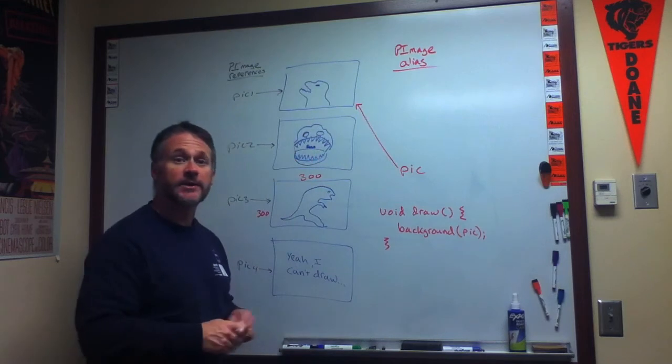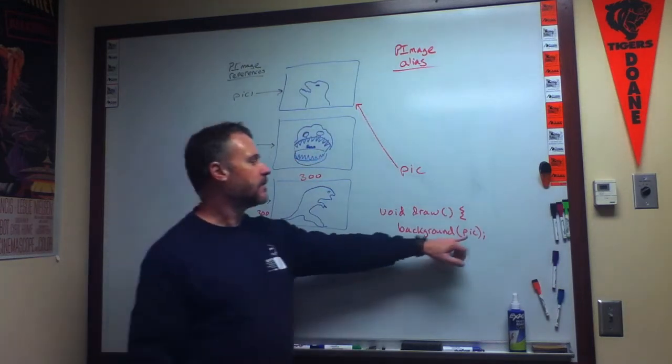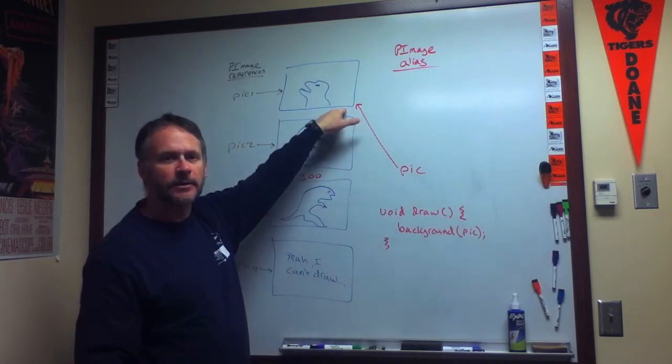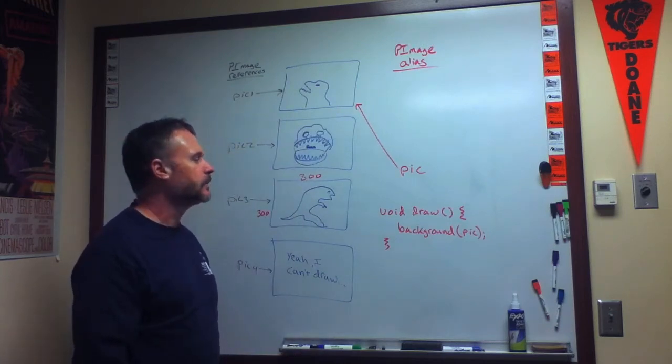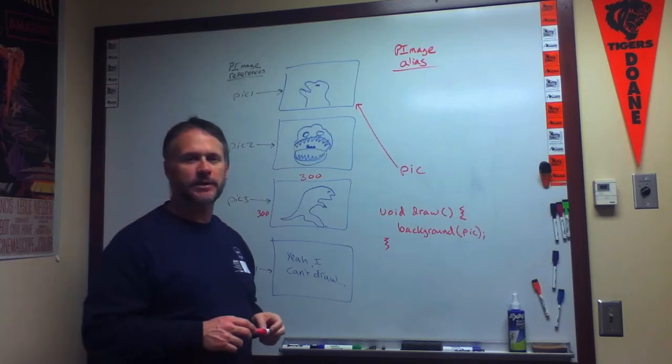There we go. That's all we have to do for our draw method. We're going to draw this reference variable's object in the background every time the screen is refreshed. So when the application starts up, my first image of Godzilla will be displayed.